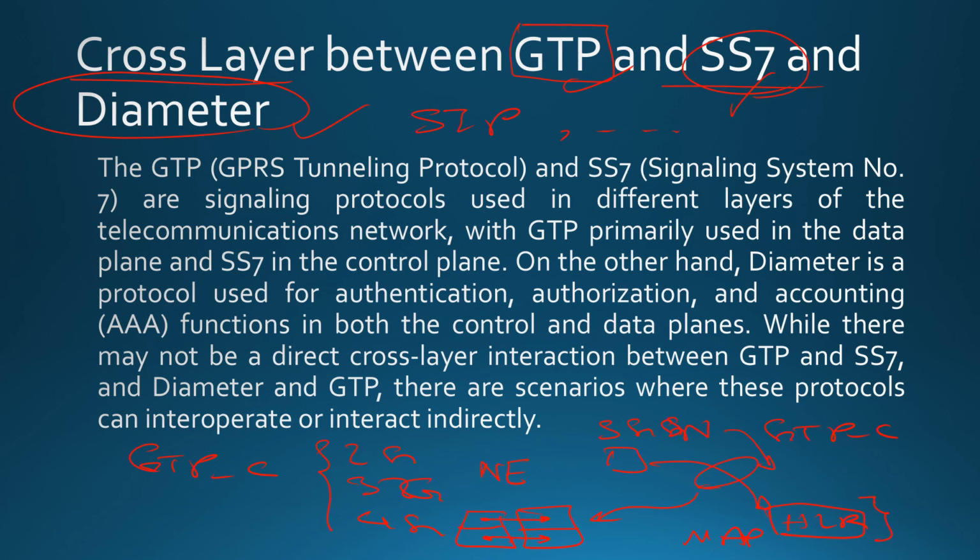And Diameter, for example, when we want to do authorization or the authentication procedure, we use this protocol for the triple A functions, and we want to map between the GTPC and Diameter protocols for sending our messages.